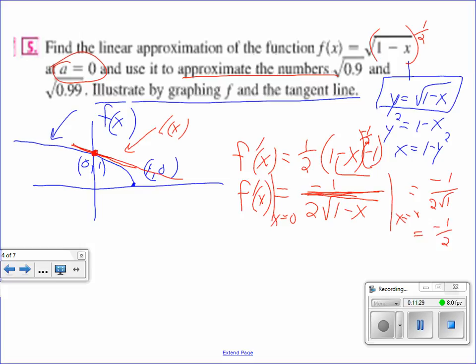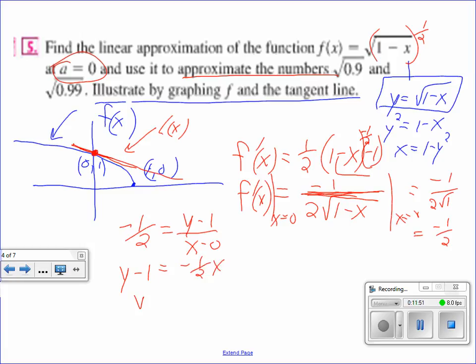Okay, so what's my tangent line? Well, -1/2 is the slope, and what's my point on the line? My point on the line is (0, 1), so it's going to be y minus 1 equals -1/2 times x minus 0. And I rewrite that: y minus 1 is equal to -1/2 x.